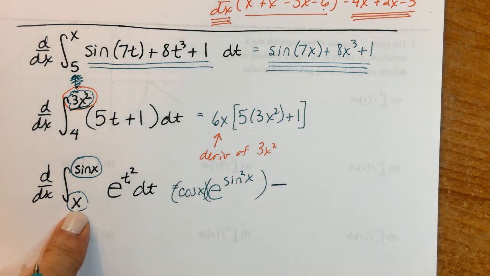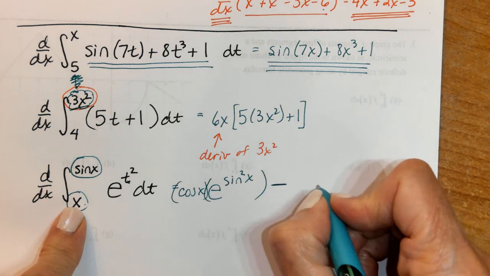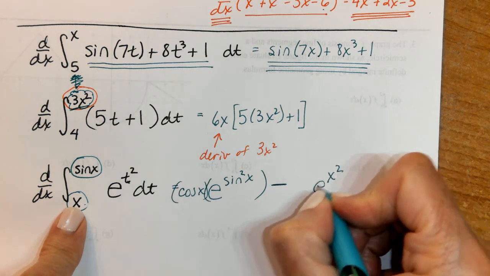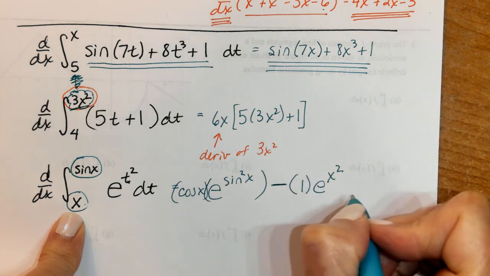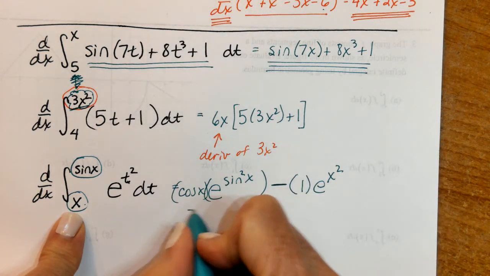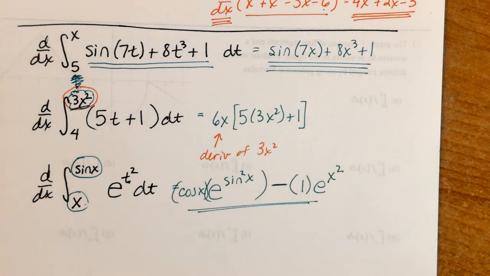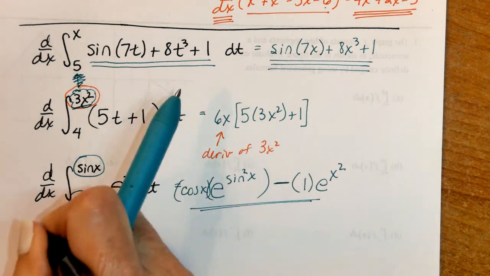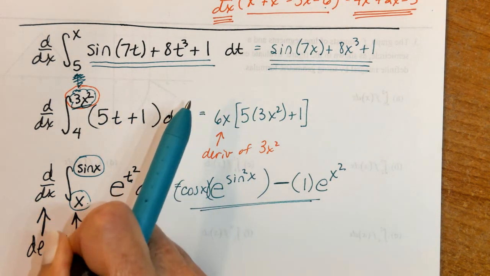Minus, I'm going to replace t with x. The derivative of x is just 1. So that's going to be my answer. So always remember, this is only true if you're taking the derivative of an integral.